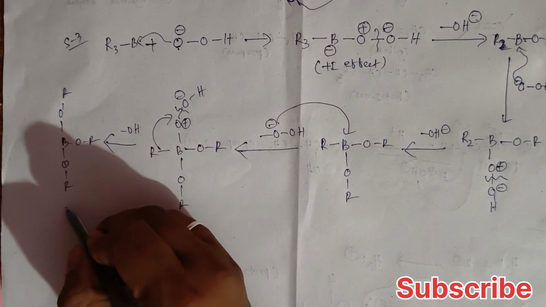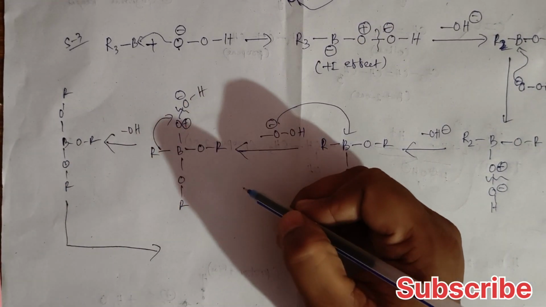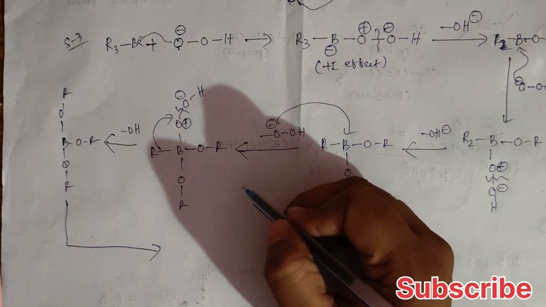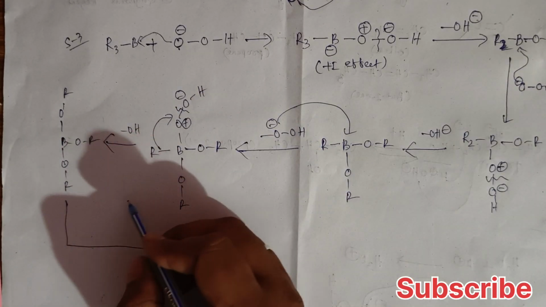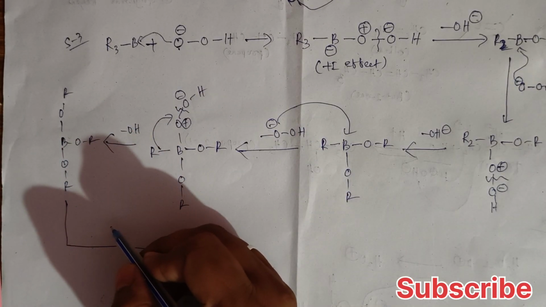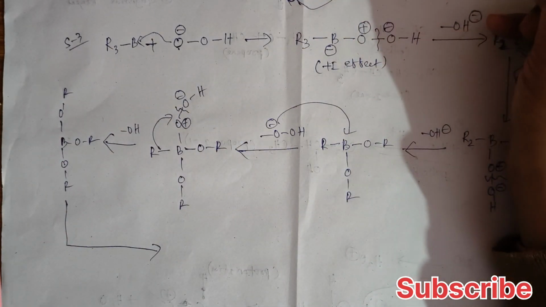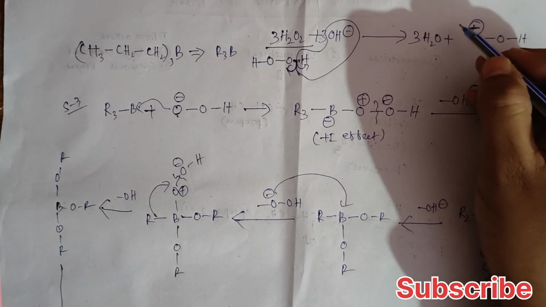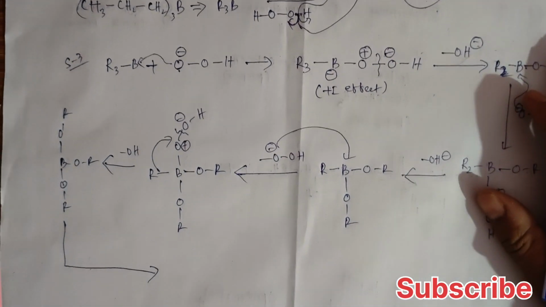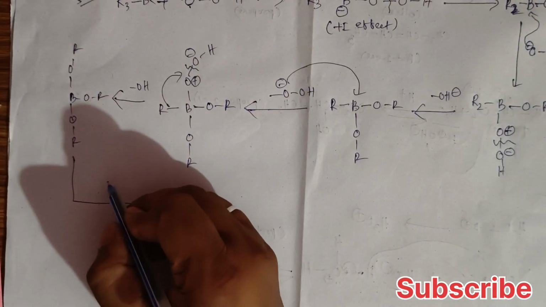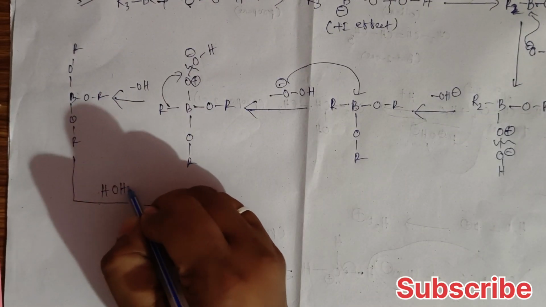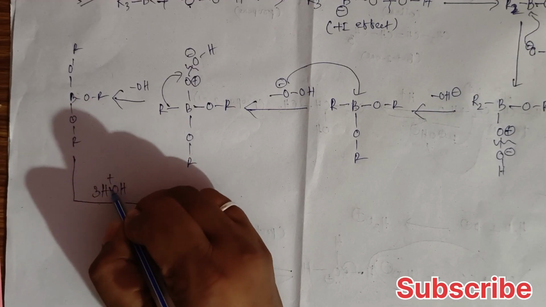Now at the last position what will happen? As water molecules are there, how many water? 3 water molecules are obtained here. So as you clearly see here, 3 water molecules were obtained. These water molecules will attack like this, 1 HOH, 1 water, 3 HOH means 3 OH minus, H plus.